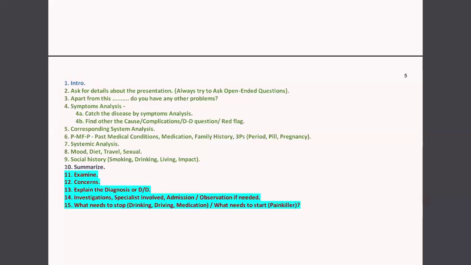The third part is you have to ask the patient, do you have any other problem? This question is very important because sometimes, specifically in Indian centers, when you ask this question, they can tell you one or two more symptoms which are very important to reach the diagnosis.